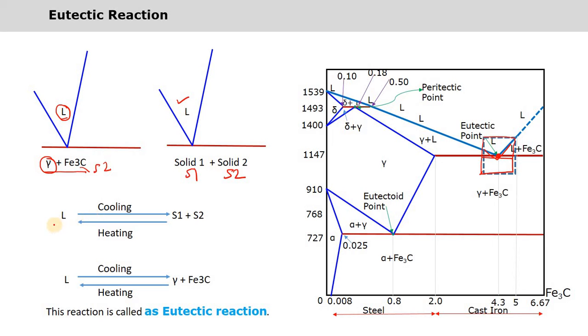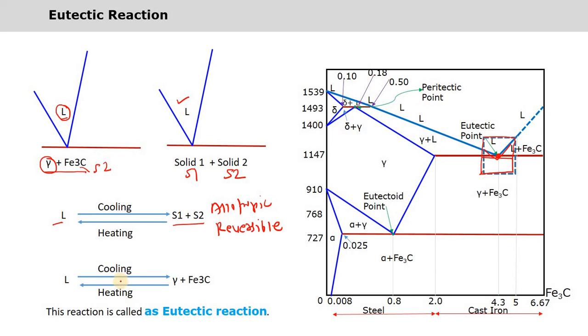During cooling, liquid is transformed to solid 1 plus solid 2, whereas as iron is an allotropic material, the change will be reversible, and that's why solid 1 plus solid 2 will be transformed during heating to the liquid.